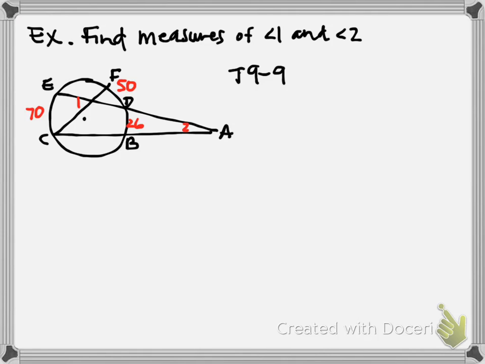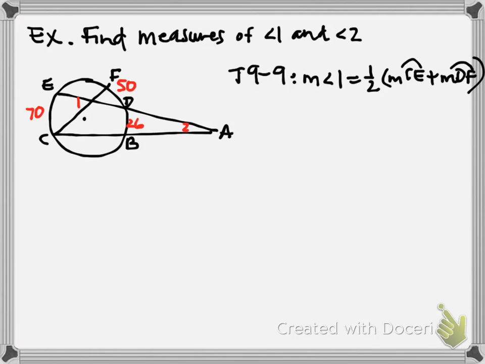So that's going to be half of arc CE and half of arc DF. So again, this allows me to conclude that the measure of angle 1 is going to be equal to 1/2 of the measure of arc CE plus the measure of arc DF.